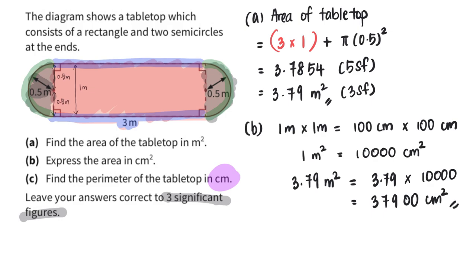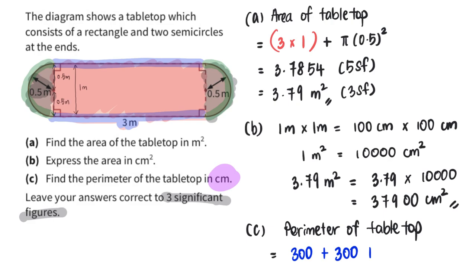So for part C, the perimeter of the tabletop will be equals to 3 meter. Since they want us to give the answer in cm, I straight away convert 3 meter to 300 cm, and there are two of them.